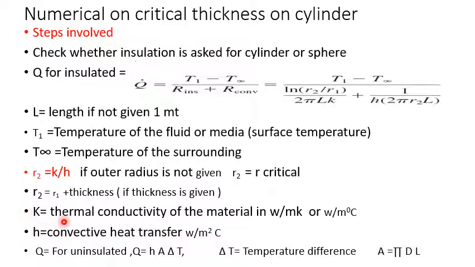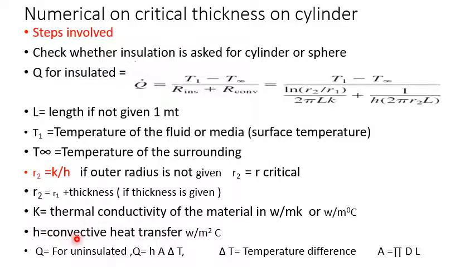So K is the thermal conductivity. Which pipe type am I using, whether steel, an aluminum pipe, or whether it is made of bronze or any other material. The thermal conductivity is generally mentioned in the problem. If not mentioned, I can use the data handbook to refer to the K value.